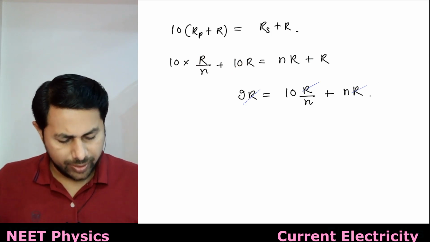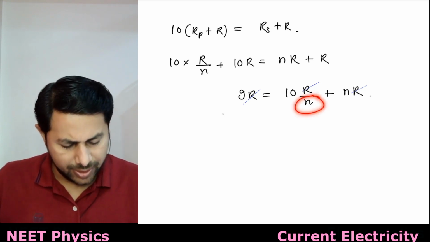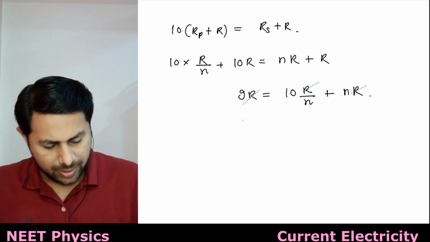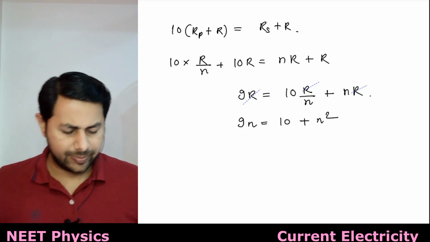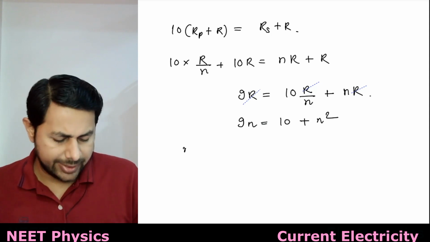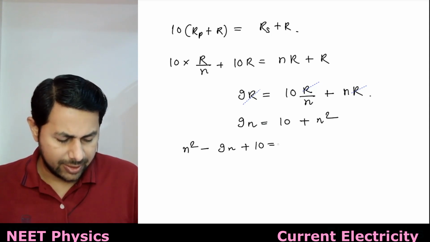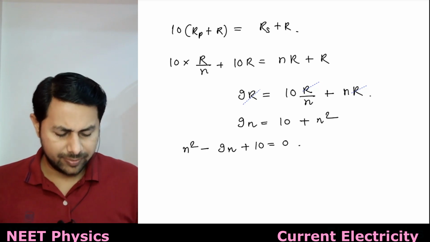So then it will be a quadratic equation, I guess. Multiply this whole thing by n. So what do we get? 9n is equal to 10 plus n square, or n square minus 9n plus 10 is equal to 0. What will be n? Tell me.